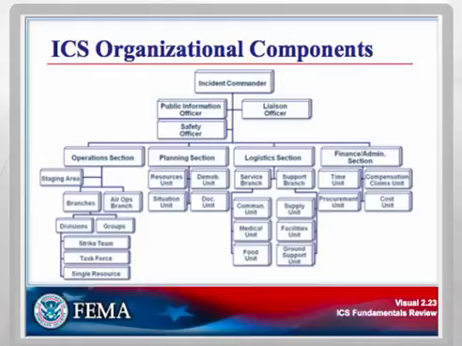Next, ICS is adaptable to any emergency or incident to which domestic incident management agencies would be expected to respond. Finally, ICS has a scalable organizational structure that is based on the size and complexity of the incident. However, this flexibility does not allow for the modification of the standard common language used to refer to organizational components or positions.